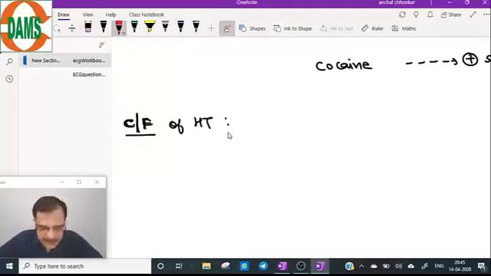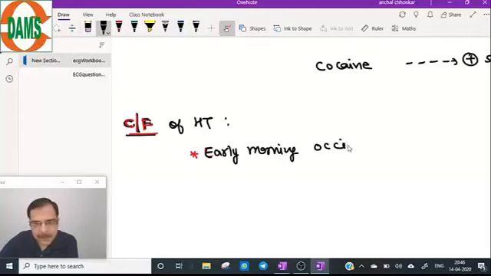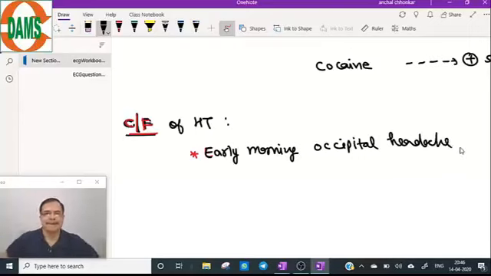One important symptom, but the exact reason is not known for that symptom, but this is a frequent complaint of the patient, and that is the symptom of early morning occipital headache. Early morning occipital headache, but the exact reason is not known.